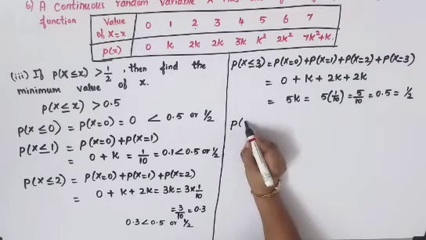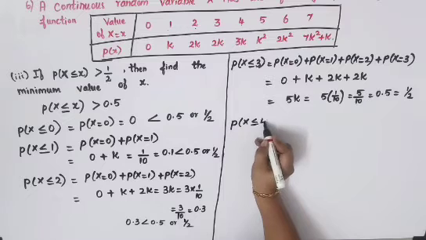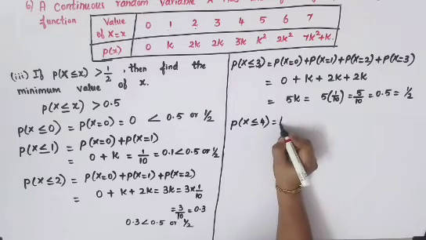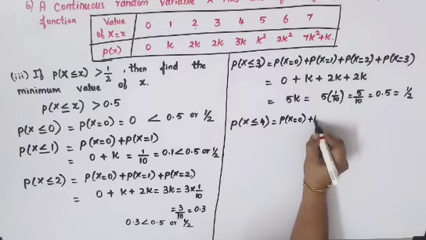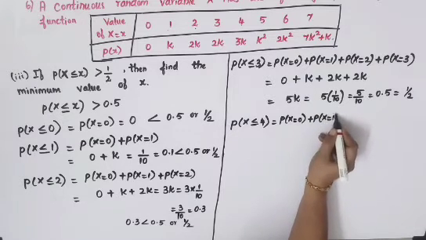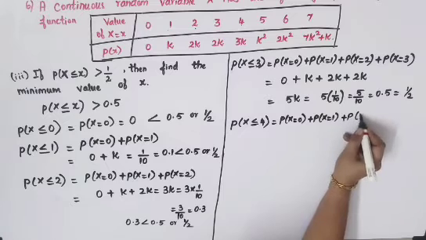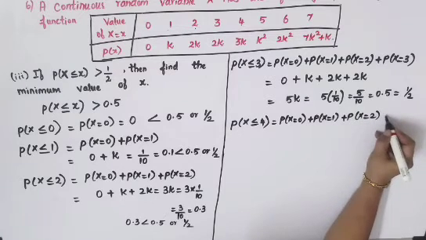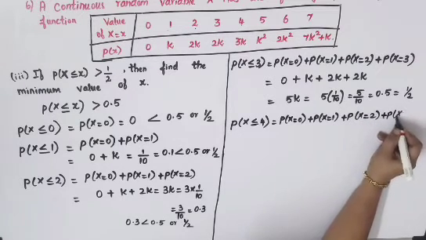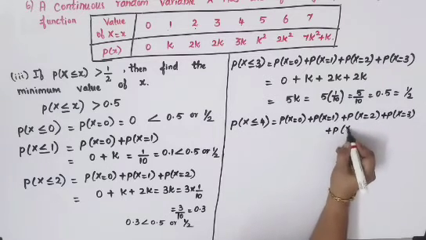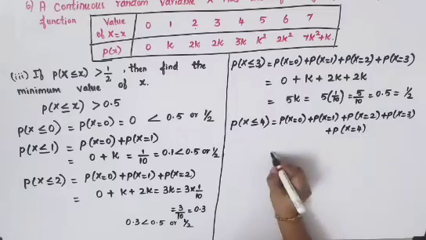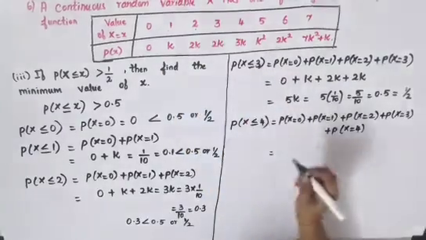So P of X less than or equal to 4, which is equal to P of X equal to 0, up to 4 we will have to go. Okay, so P of X equal to 1 plus P of X equal to 2 plus P of X equal to 3 plus P of X equal to 4. Now get the values from your table, all the values till 4.